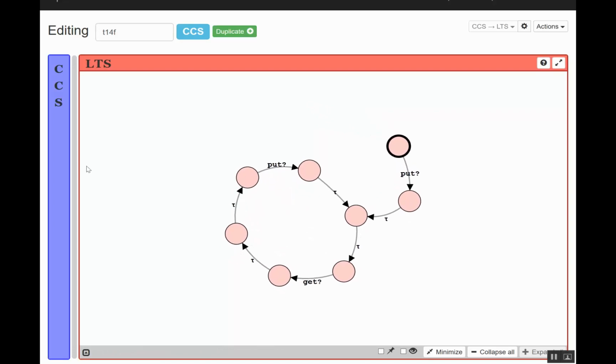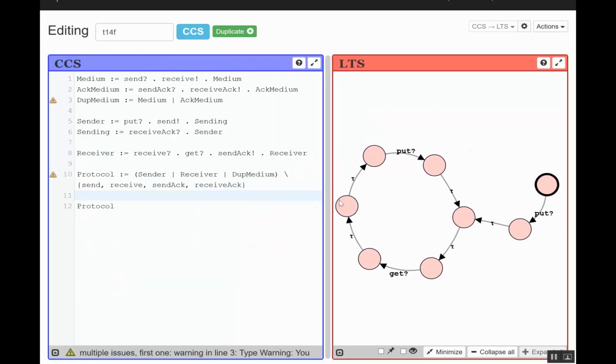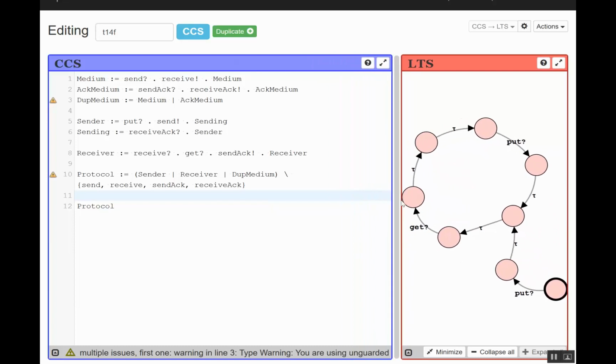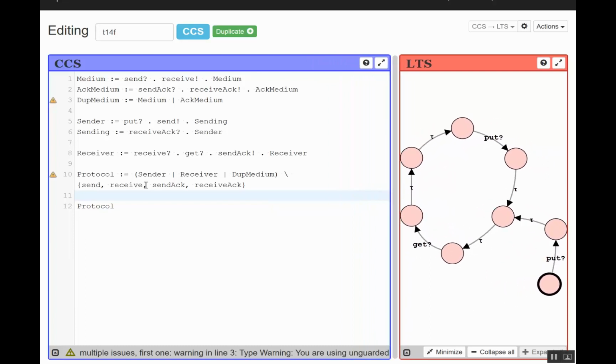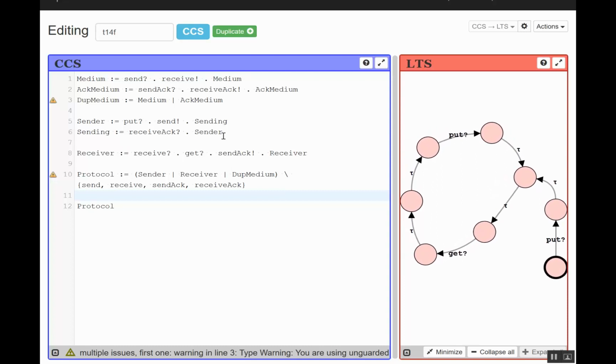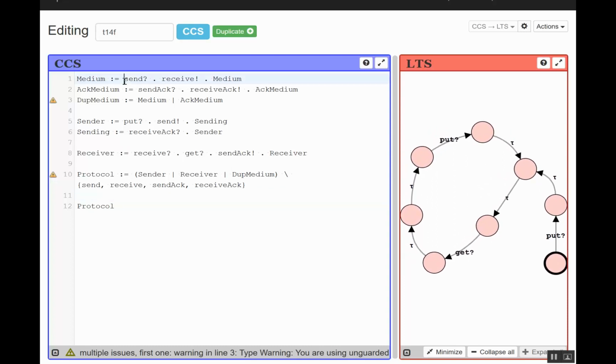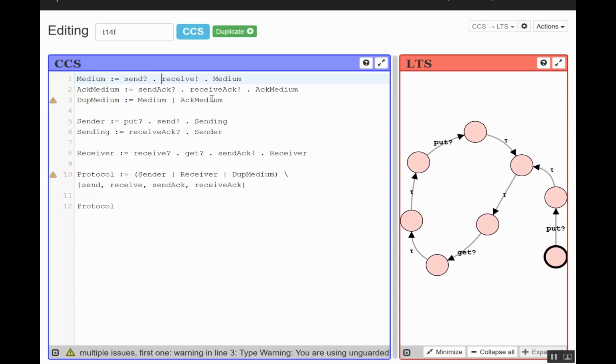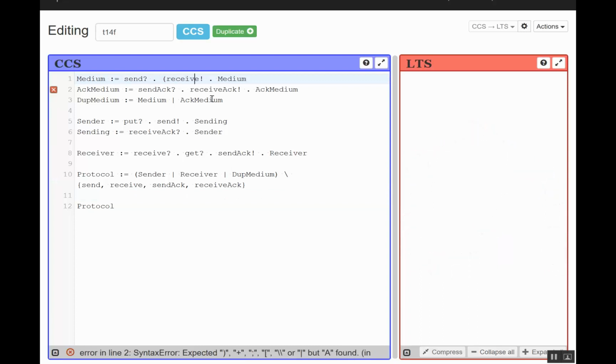Now, just for the fun of it, let me play a bit with this. Let's now assume that our protocol is unreliable, or let's say that the medium is unreliable. Let's assume that the medium here, if it sends something, it may deliver it to the receiver. This is one option.